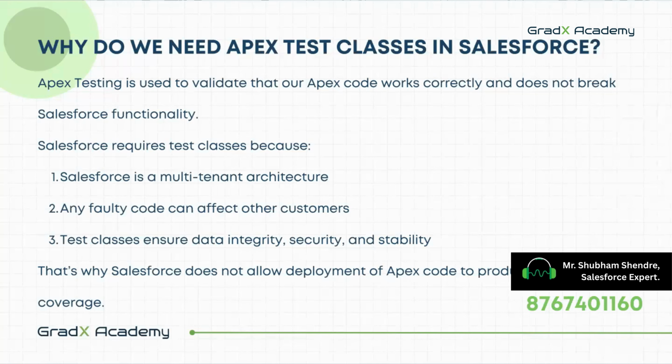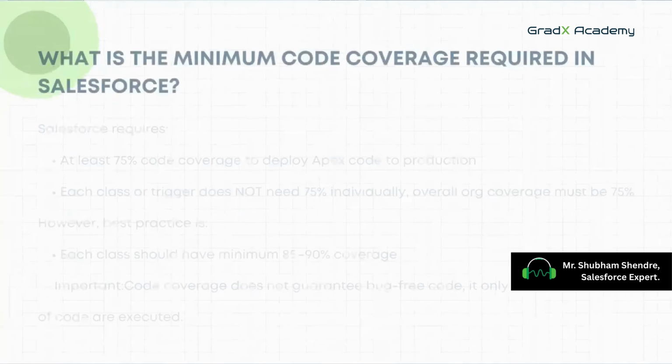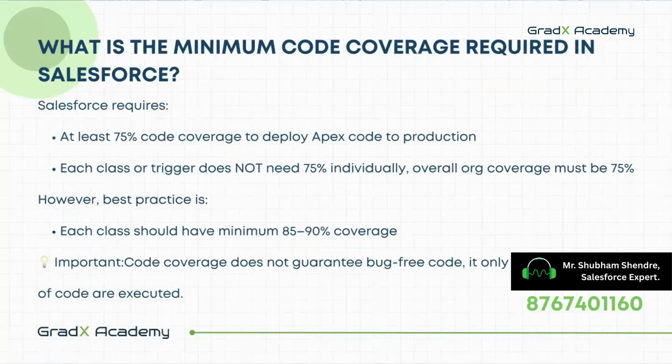The next question in Apex testing is mostly, what is the minimum code coverage required in Salesforce? The answer is Salesforce requires at least 75% code coverage to deploy Apex code to production. Each class or trigger does not need 75% code coverage individually, but the overall org's code coverage must be 75%.